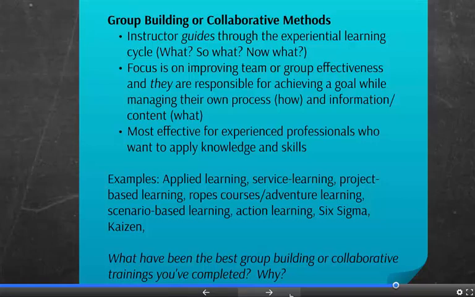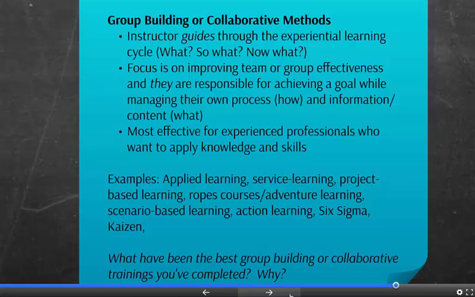Also, common improvement strategies like Six Sigma and Kaizen can be seen as group building or collaborative methods if an instructor, again, is working with a group to figure out what might be preventing a group from working through Six Sigma or Kaizen in the most effective way together.